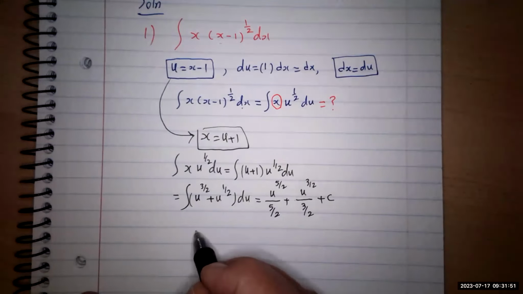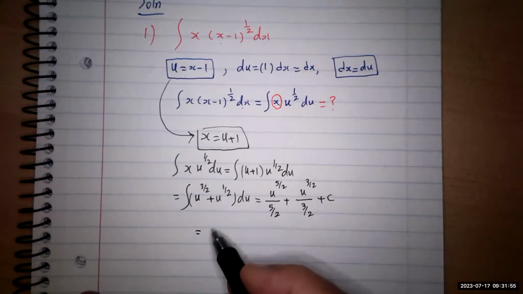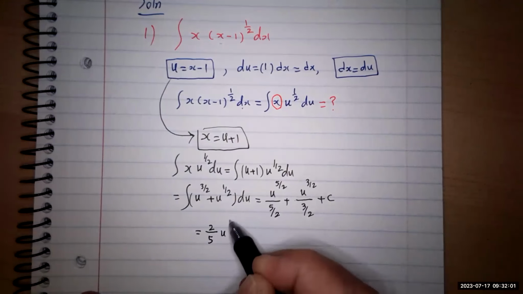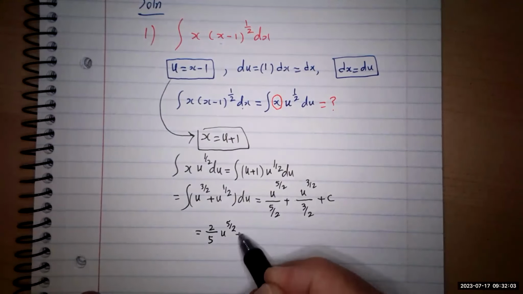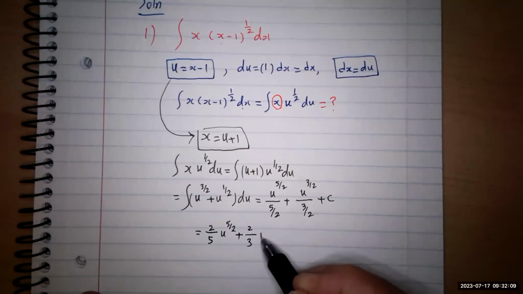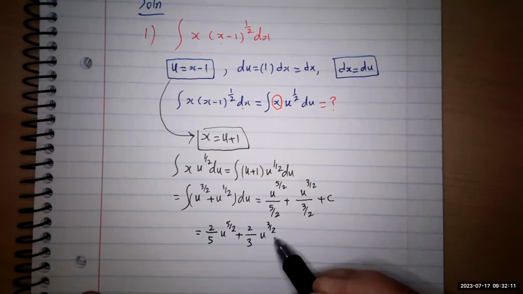So this is going to be equal to, the 5/2 becomes 2/5, so 2/5 u to the 5/2, plus 2/3 u to the 3/2, plus the constant.